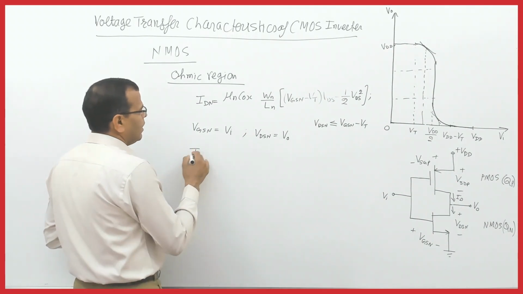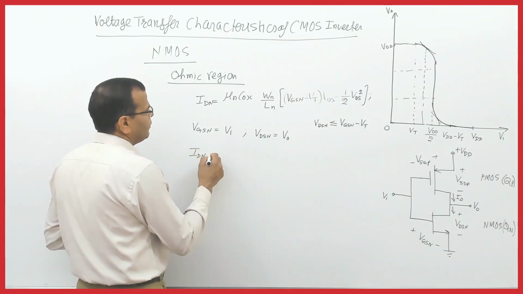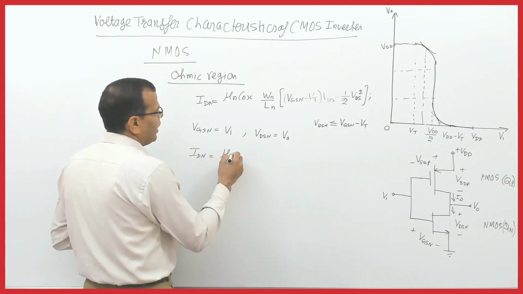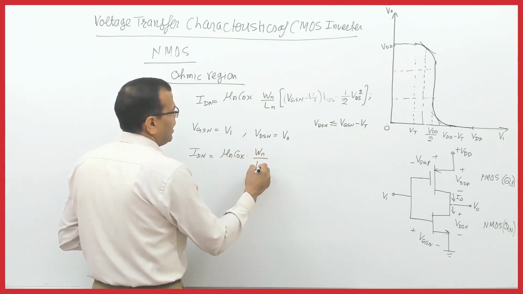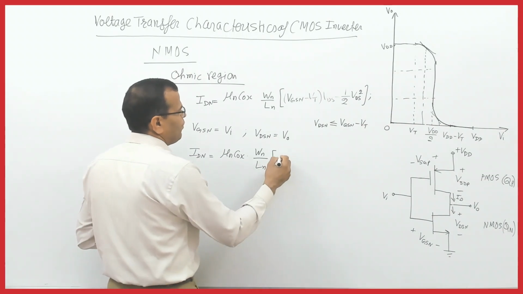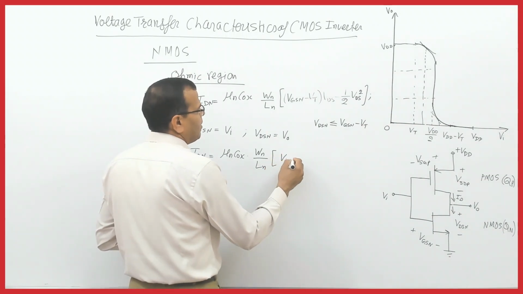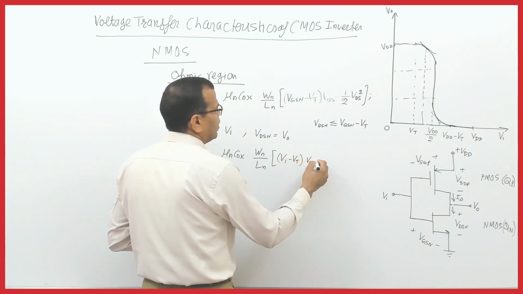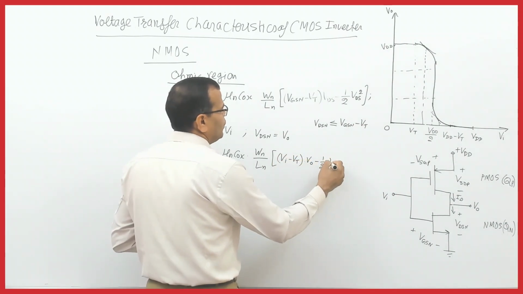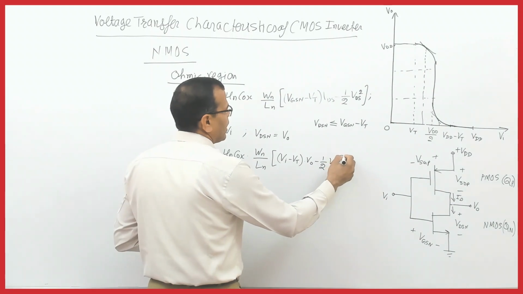The drain current for ohmic region for NMOS is mu n C naught x Wn by Ln into Vi minus threshold voltage into V naught minus 1 by 2 V naught square.